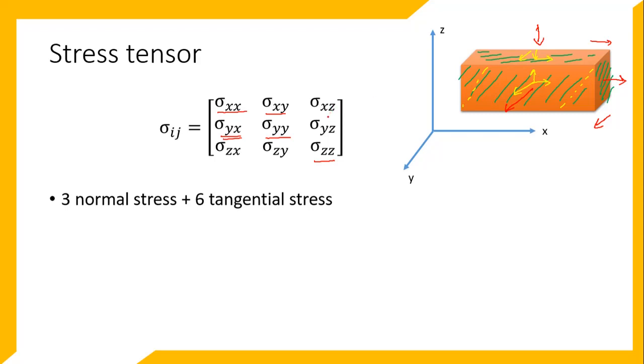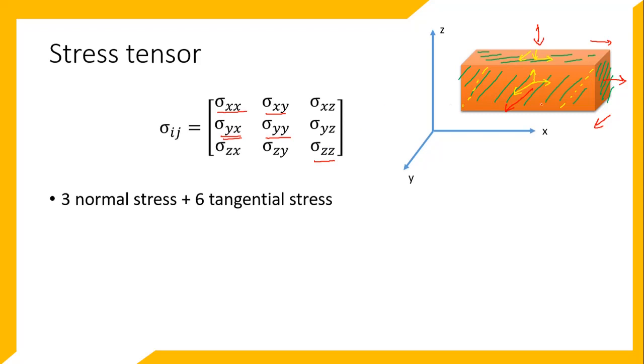And similarly, we have the forces on the x surface towards y direction. On the y surface, we have force on x direction and z direction as well as y direction. And on the z surface, we have forces in the x, y and z direction.